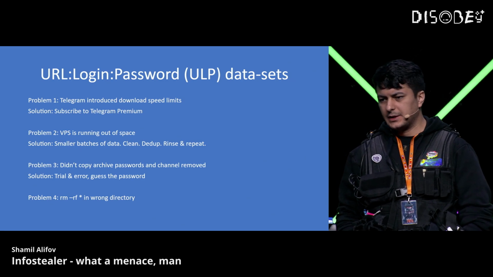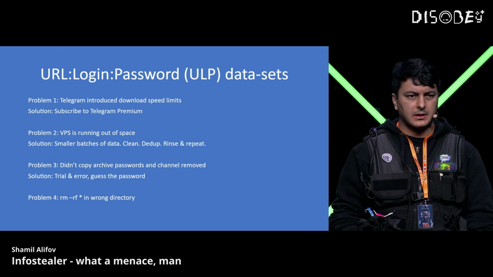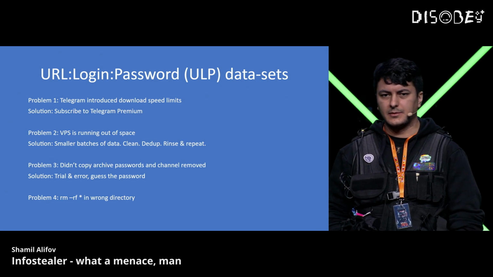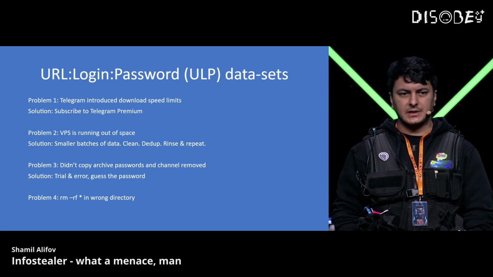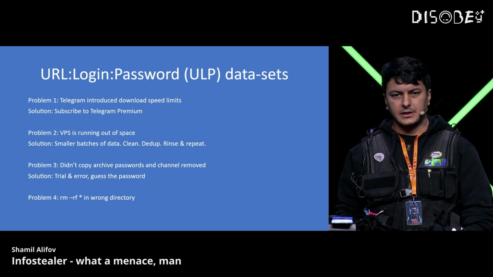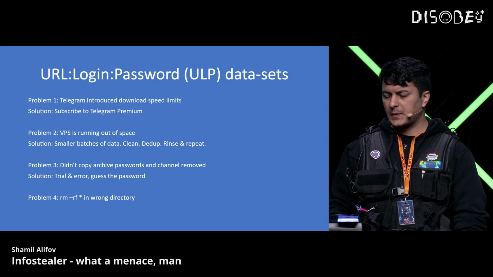Next, the VPS is running out of space. The obvious solution would be to invest more and buy one with better specs, but my solution was just processing data in smaller batches, cleaning, deduplicating, and doing it all over again.